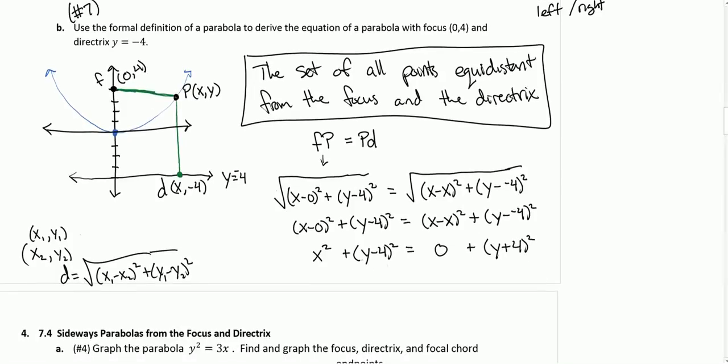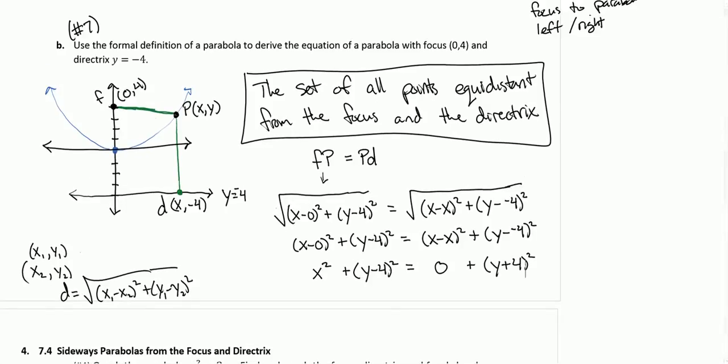And so now multiply out our y minus 4 squared. So this is x squared plus y minus 4 times y minus 4 is equal to y plus 4 times y plus 4.